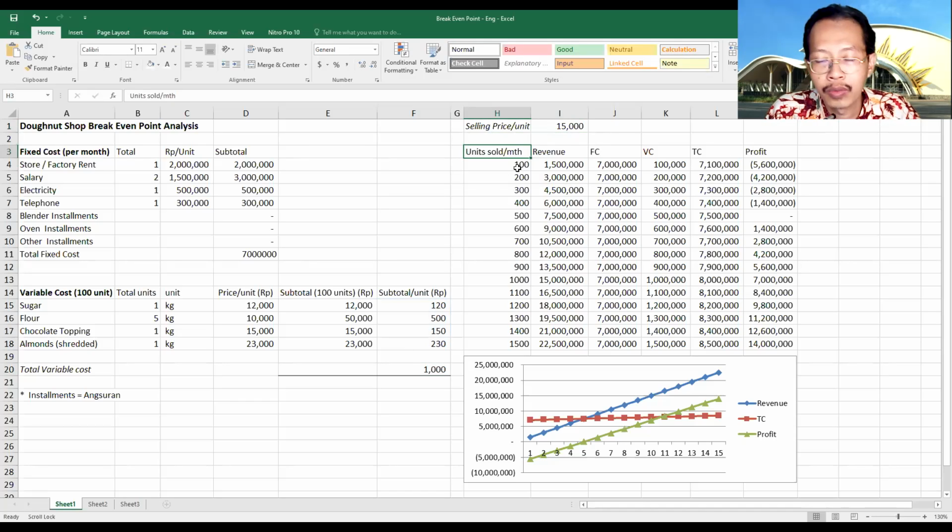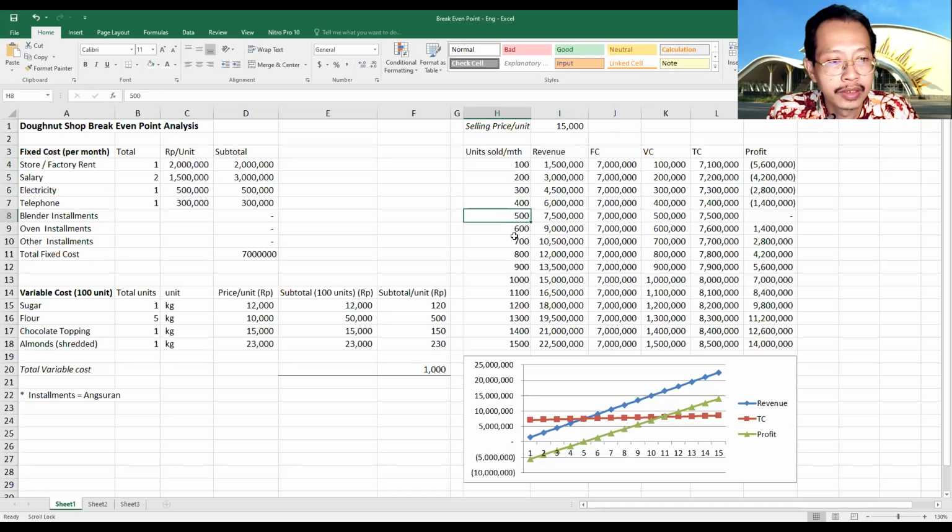So this is still quite lenient, quite easy to achieve because you would only need to sell about 3 or 4 donuts a day. Let's change it. Not making it that cheap, but you can change this into 5,000, for instance, so make it cheaper. Later on, we'll try that.